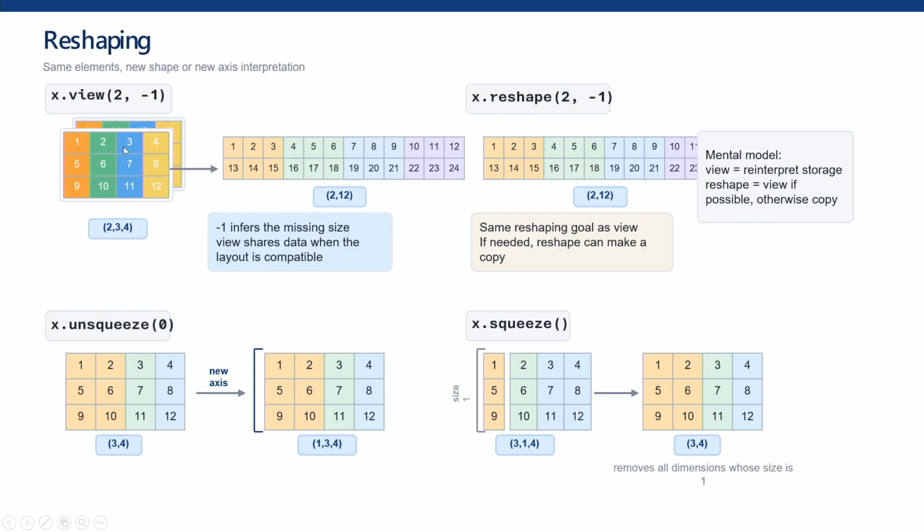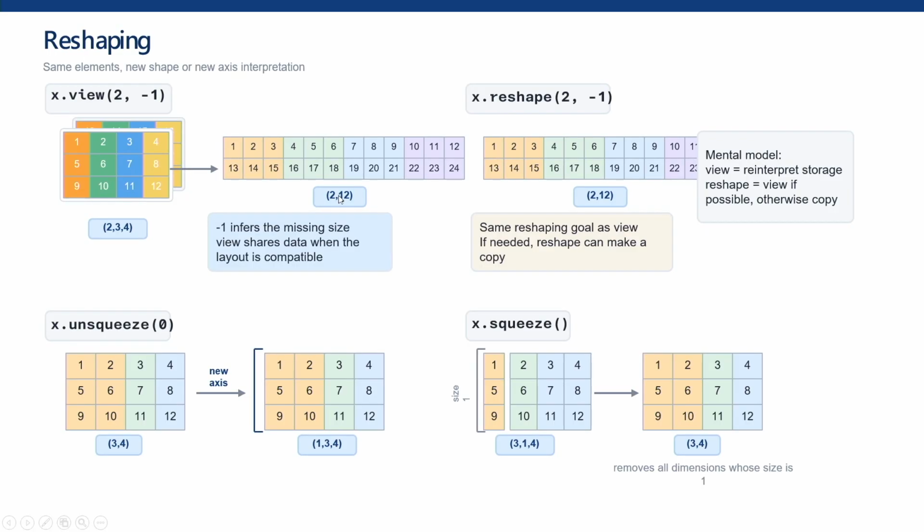So, you can see that 3 by 4 is merged into 12. So, 12 is the number of columns that we get with 2 rows. We keep 2 the same, and -1 basically merges all the elements in this dimension. So, -1 infers the missing size; view shares data when the layout is compatible. So, essentially instead of 2 by 3 by 4, we are getting 2 by 12.